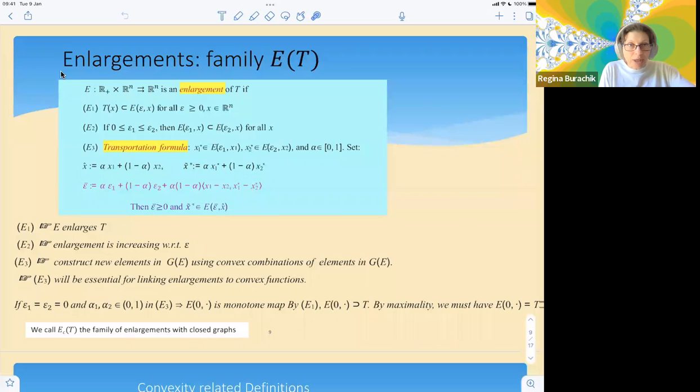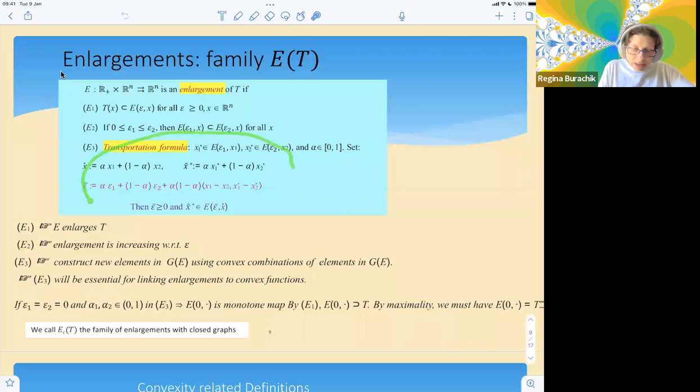That's the first request. And the second request is that this convex combination of the images should be in the image through E, the enlargement of the parameter epsilon bar, times the convex combination of the domains.